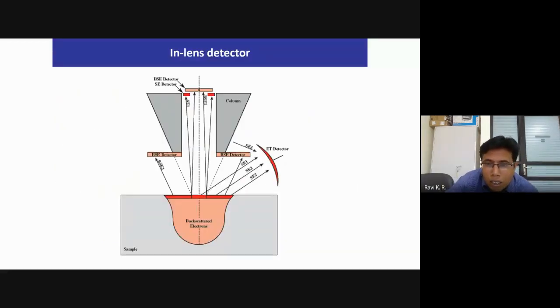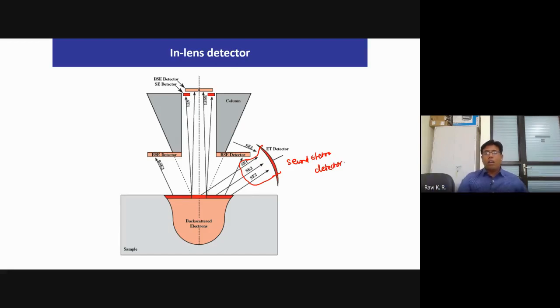Let's say this is actually your normal detector. In this normal detector, you start getting SE1 and SE2. Both can go to your normal secondary electron detector.